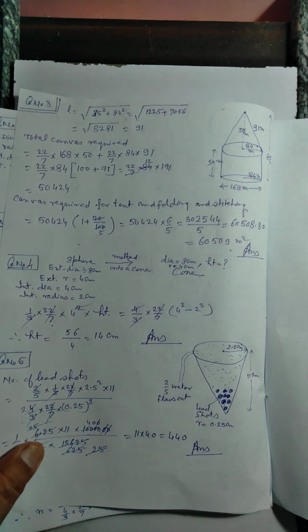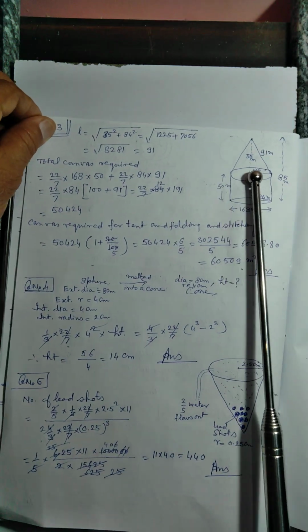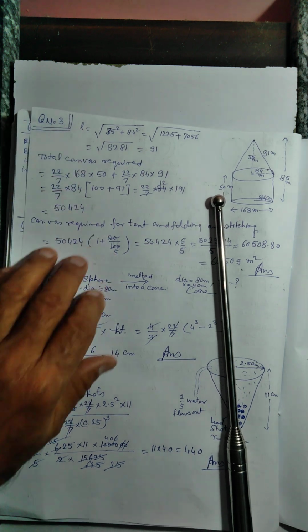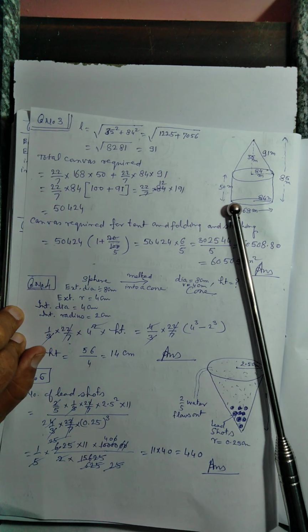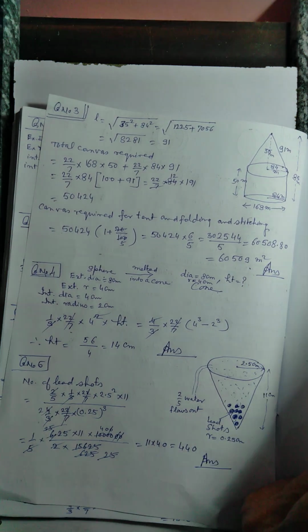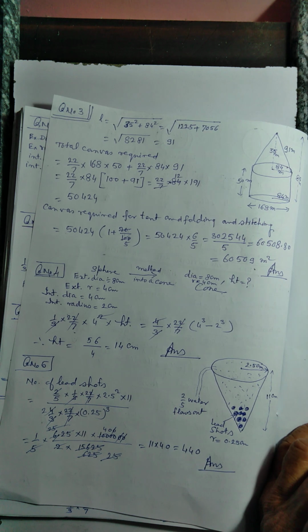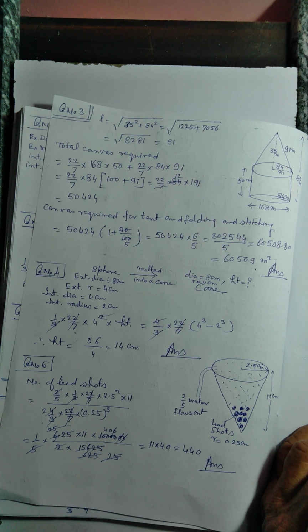Now come to question number 3. See, question number 3 is: an exhibition tent is in the form of a cylinder surmounted by a cone.